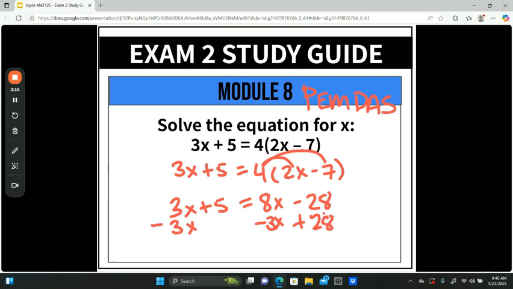We do the opposite of whatever is listed. Okay? So this will cancel and this will cancel. So I've got 8x minus 3x gives me 5x. And 5 plus 28 is going to give me 33.